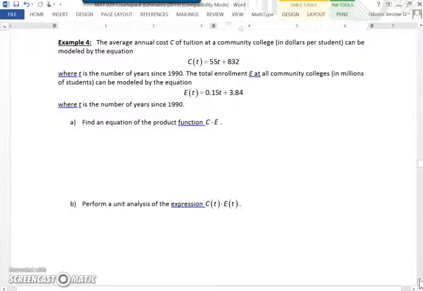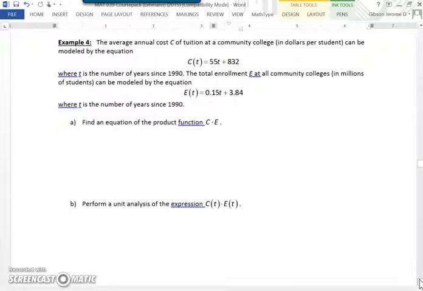It says here the average cost C of tuition at a community college in dollars per student can be modeled by the equation C of T is equal to 55T plus 832, where T is the number of years since 1990.